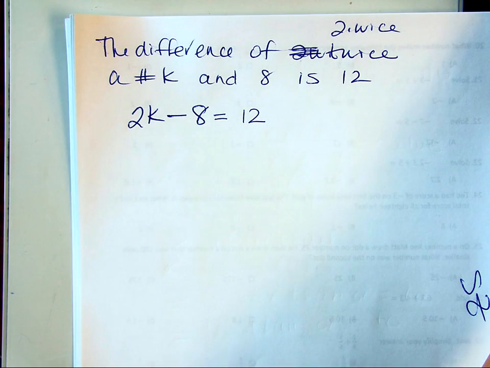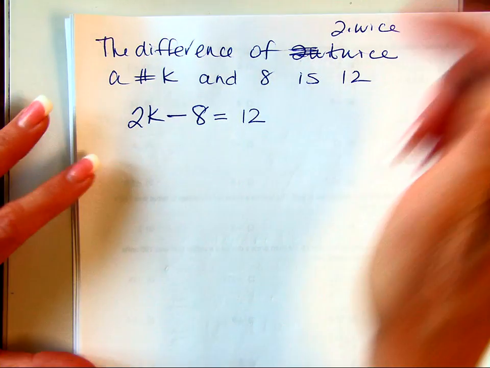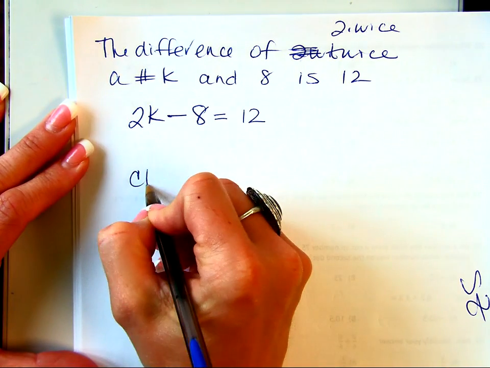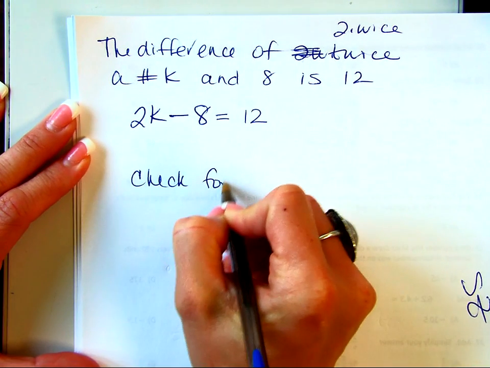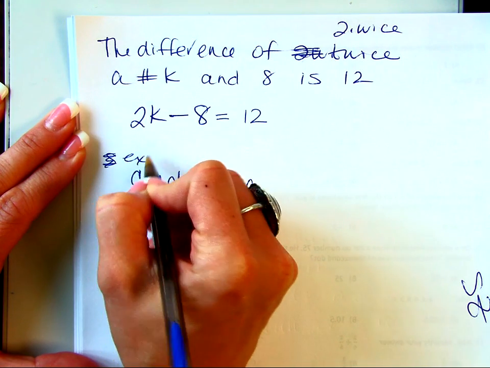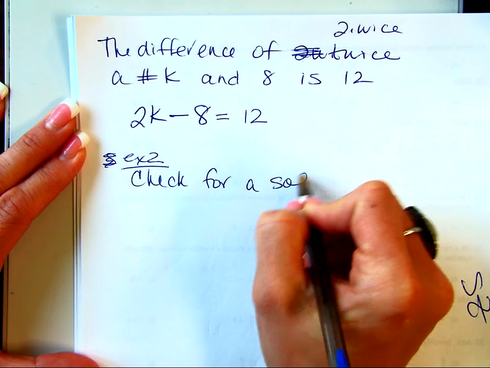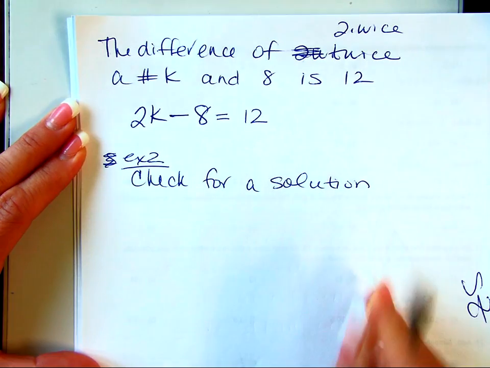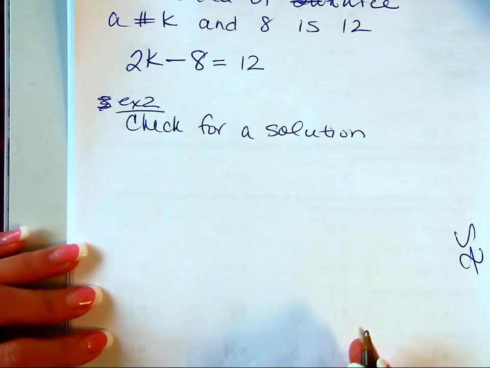All right. And then basically what they're saying, checks possible solutions. Let me look at this. I guess what you could do is, it's going to say check for a solution. This is example 2. Okay, so example 2 is going to ask you to check for a solution.